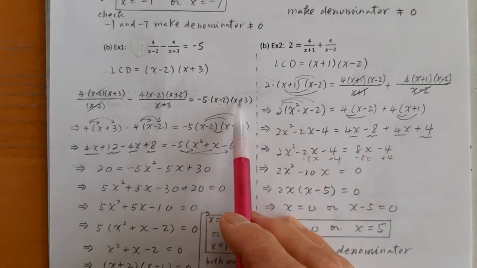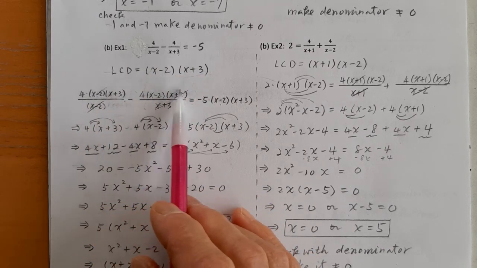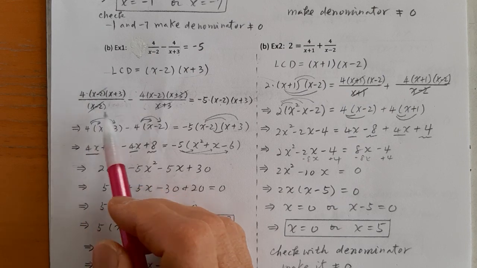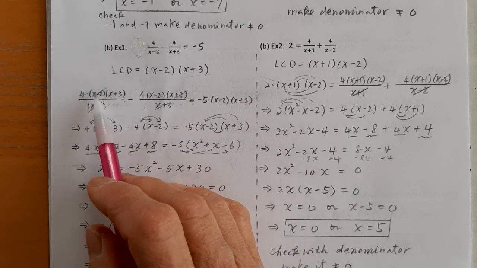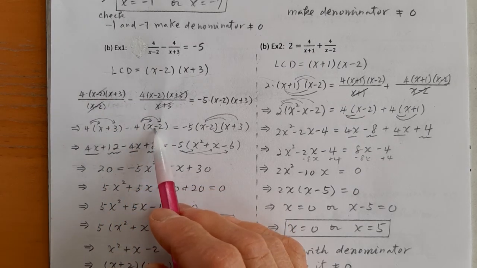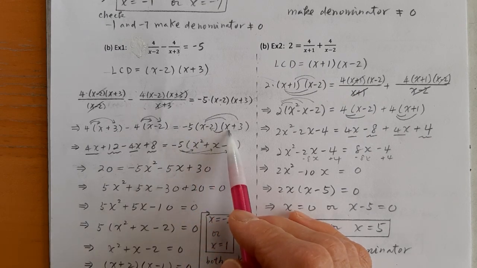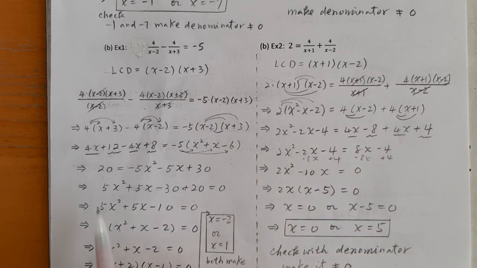Each term is multiplied by this LCD. Then you can cancel x minus 2 and cancel x plus 3. So we get 4 times x plus 3 minus 4 times x minus 2 equals -5 times x minus 2 times x plus 3. Then distribute.